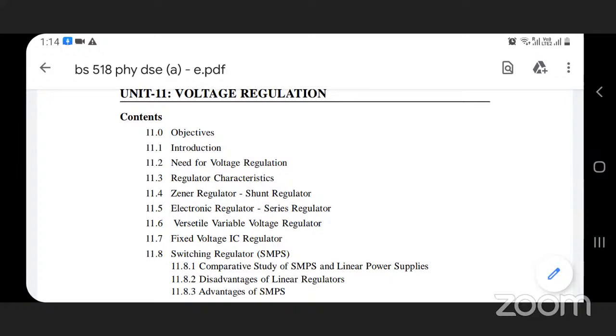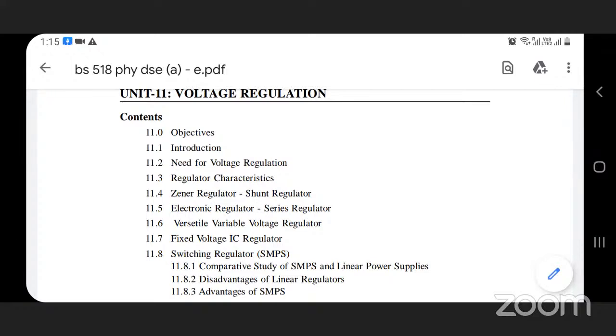In this chapter we have to discuss what the need for voltage regulation is, what characteristics are needed to regulate the voltage, and how the Zener regulator, that means the Zener diode, is utilized to regulate the voltage.